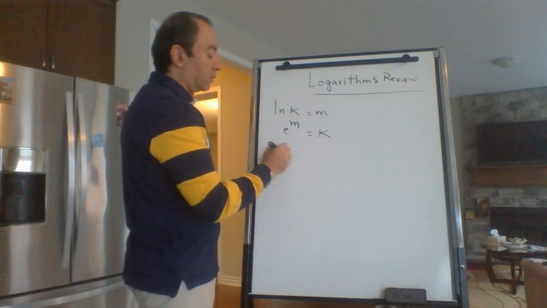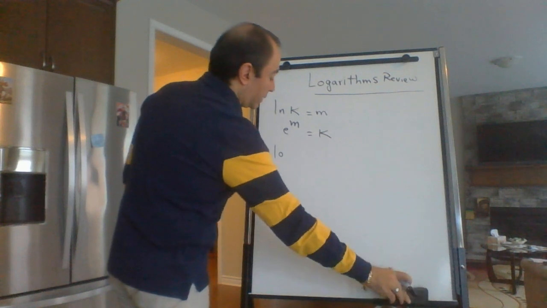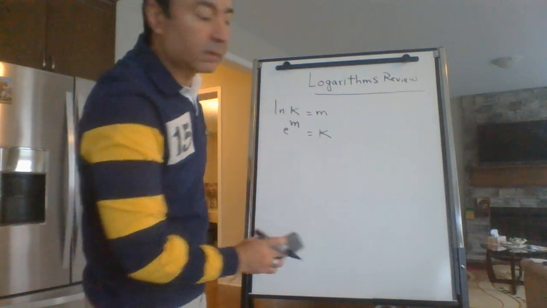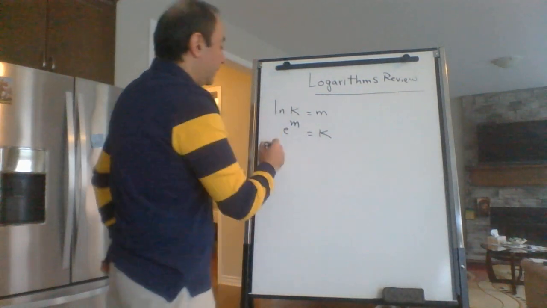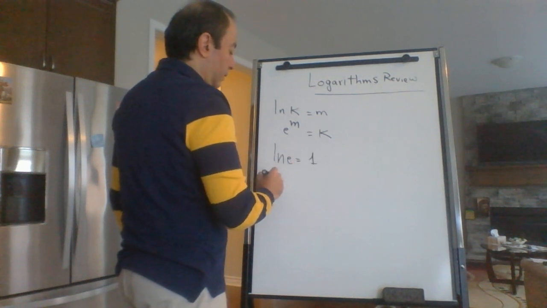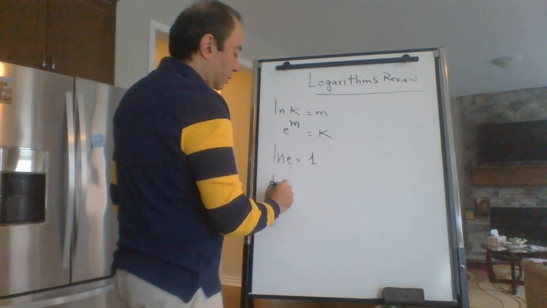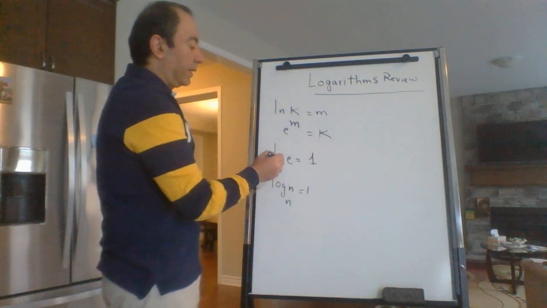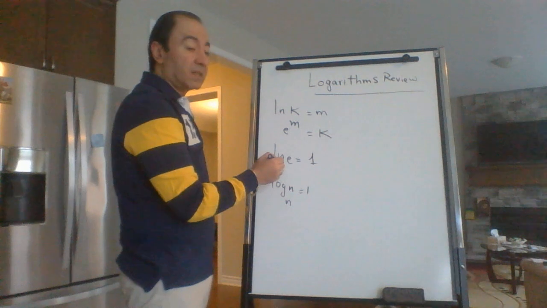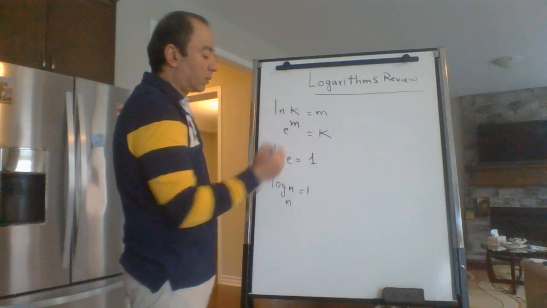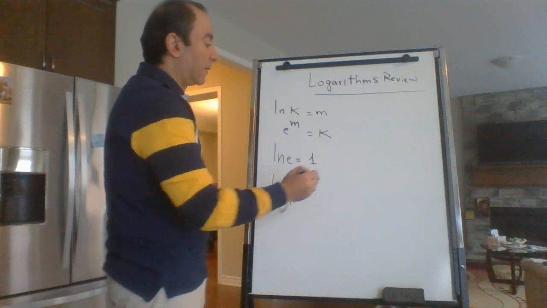Also, ln e equals 1, and log of n base n is 1, because the base is e, so e to the power of what equals e? e to the power of 1 equals e.